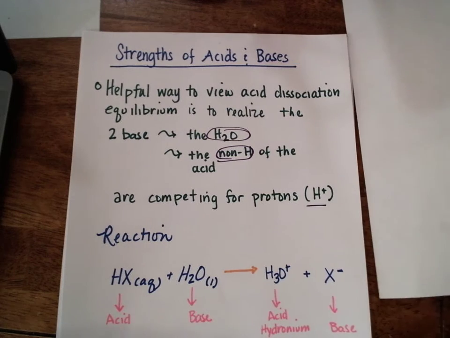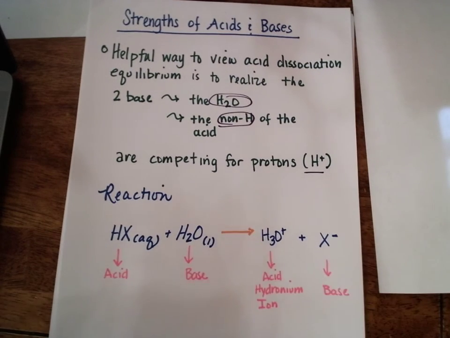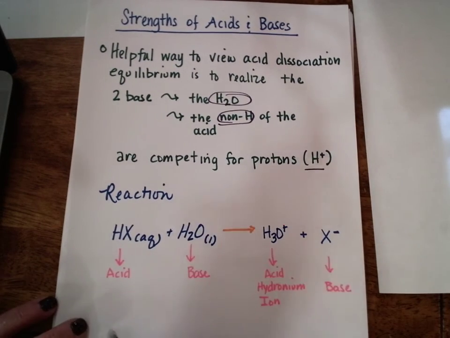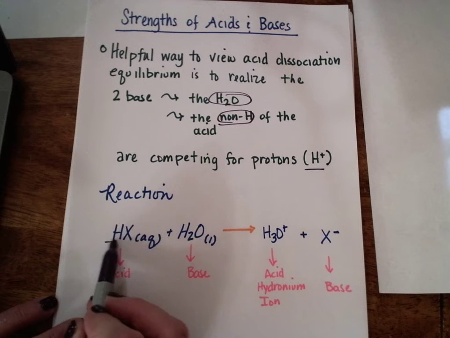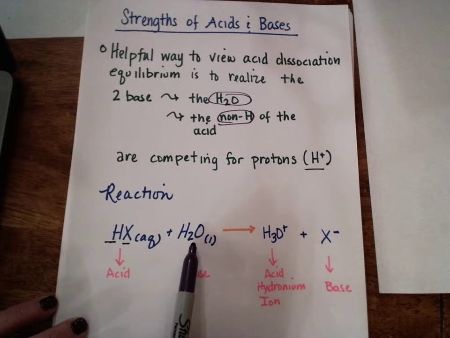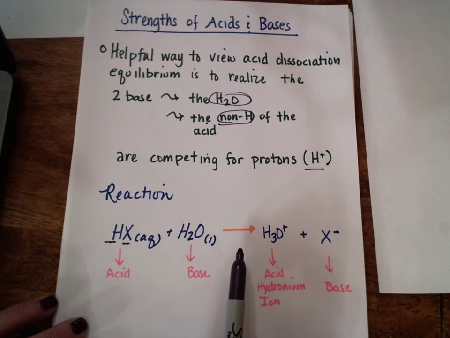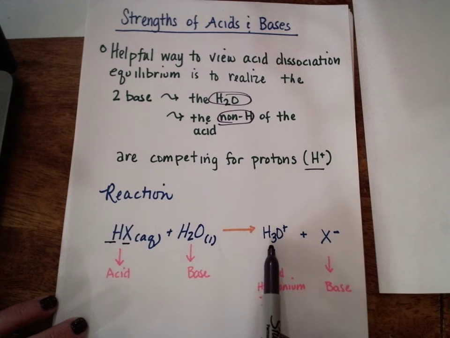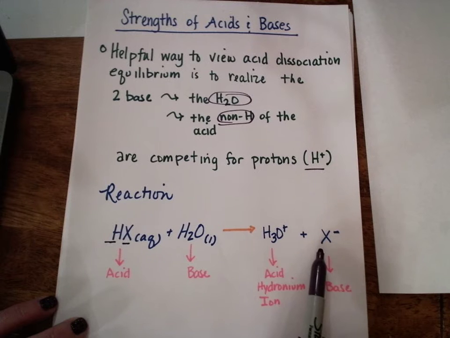So if I look at this particular reaction, I just made up an acid. I've got HX as my acid. There's my hydrogen, and X represents some other ion, a non-metal. It's in aqueous solution, which means it's in with water. When this HX is in water in solution, it dissociates, and I end up with H3O plus and my X minus.